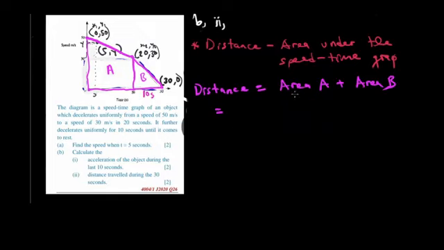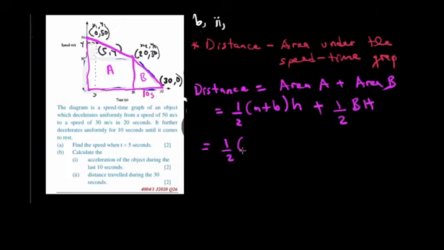different shapes. Our area A, it's half of A plus B times height, adding the area of B, which is half of base times height. This is equal to half of, what is A? So A is going to be from this point to this point, which is 30, plus what is B?